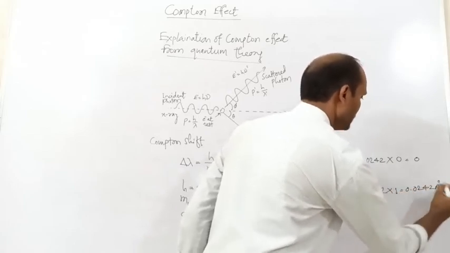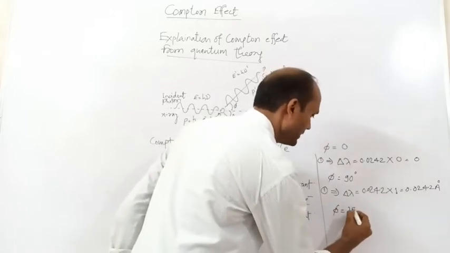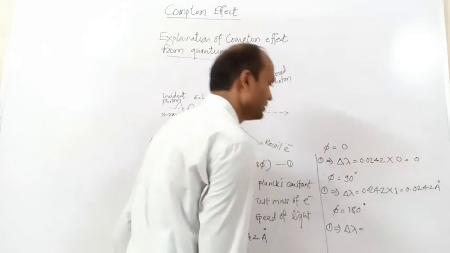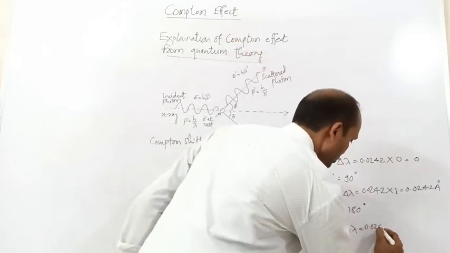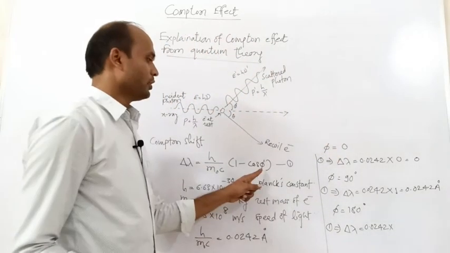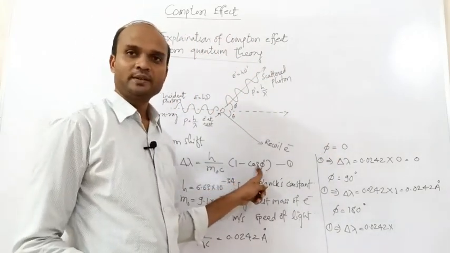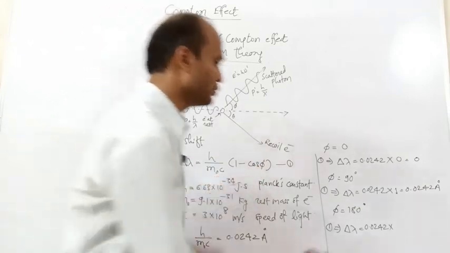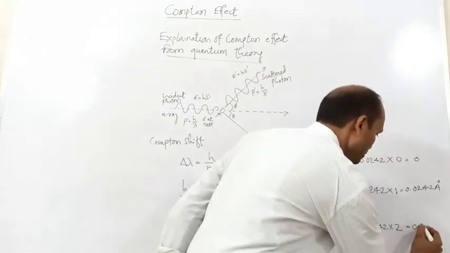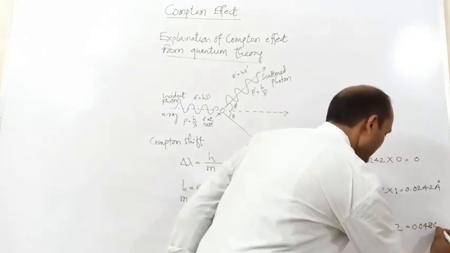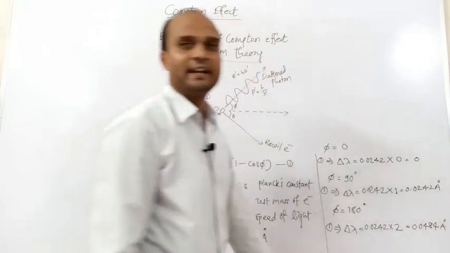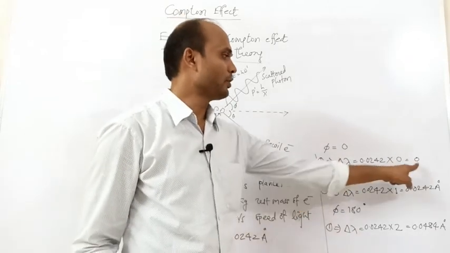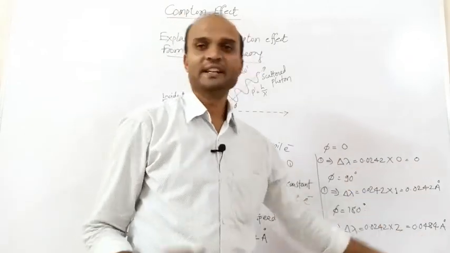and hence it is equal to 0.0242 angstrom unit. Then for phi equal to 180 degree, equation 1 becomes delta lambda equal to 0.0242 into, now for phi equal to 180, cos phi is minus 1, so it becomes 1 plus 1, that is 2, and therefore it is 0.0484 angstrom unit. From this equation it is observed that as phi increases, the value of the Compton shift also increases.